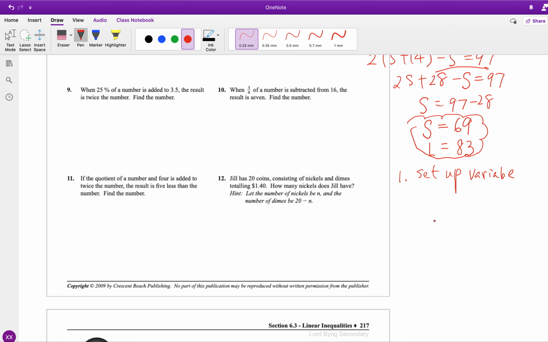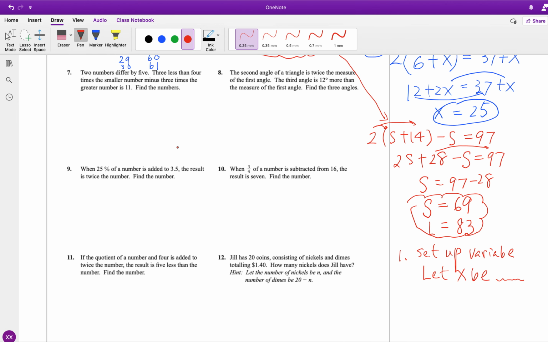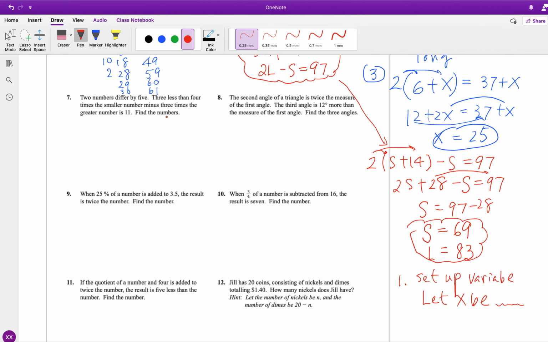So first of all, set up a variable means a let sentence. Let x be what? Be the thing you're looking for, right? Find the number, let x be the number.